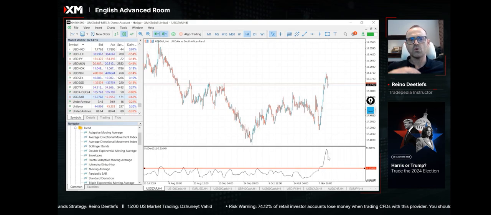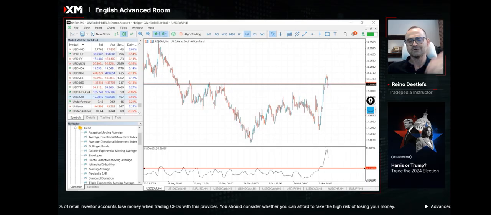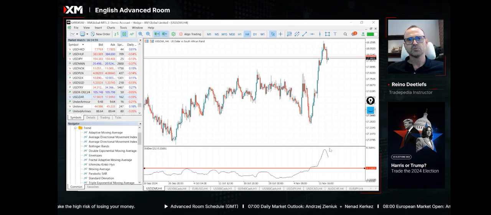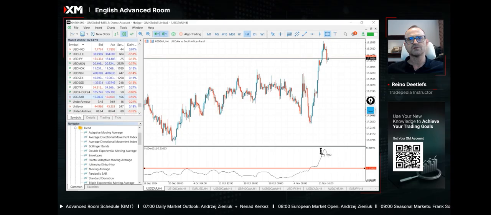It has moved way more than what it does on average. And when it gets to these peaks, it's almost like an overbought or oversold scenario. This can happen on the downside as well. It's just measuring volatility, not direction. But you can see super high standard deviation here, almost like an overbought scenario.